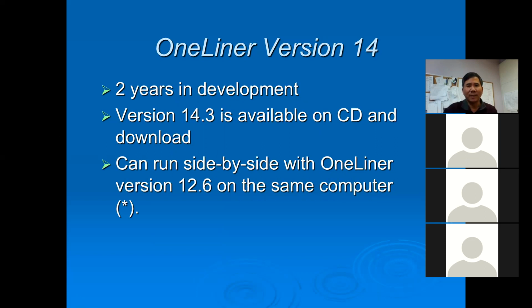It is available on CD, which is being mailed out to users in batches. Some of you already received something, some should expect to receive something soon. You can always call or send email to ASPEN to request a download link directly.